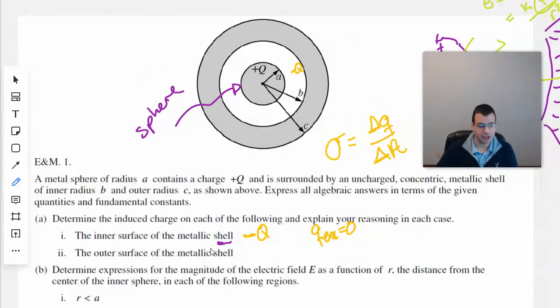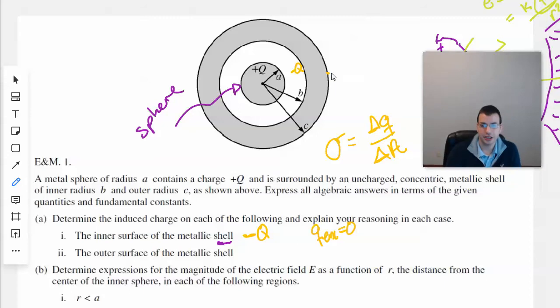Does that seem reasonable? So the induced charge on the inner shell will be negative Q. And the justification for that will be using Gauss's law, which we'll talk about later. Q enclosed equals 0.